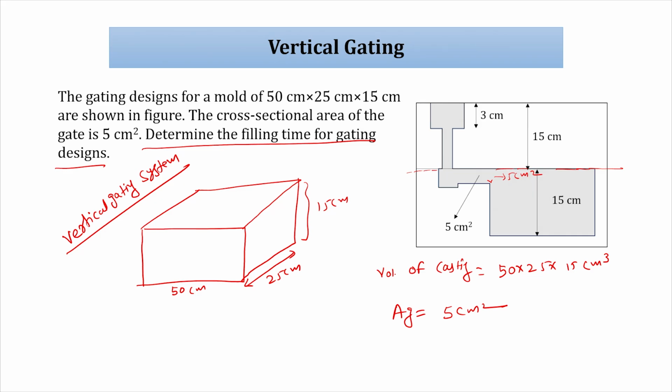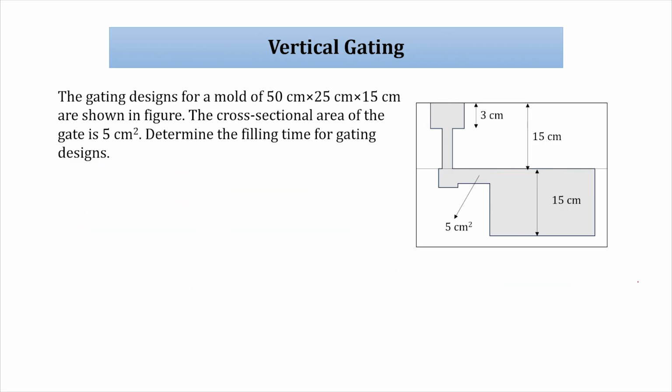Everything is in the drag and directly connected to atmosphere. Any place you go, the liquid is at minimum at atmospheric pressure. So we can say this is a vertical gating system. In the vertical gating system, Ag is given, volume of casting is given. So Vg equal to root under 2g HT. What is HT? Hb plus hs.